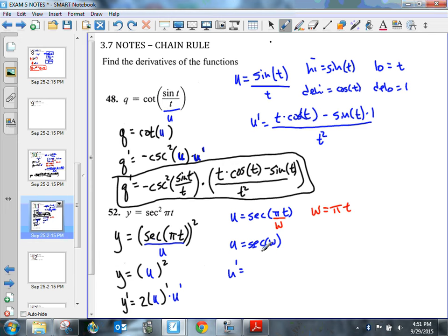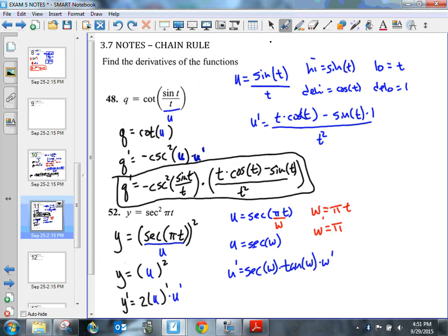So u prime, the derivative of secant, is secant of w times tangent of w times w prime. Now I know what w is, but I've got to multiply by the derivative of this inside function. So I need to find w prime, and my w prime here is just going to be pi.